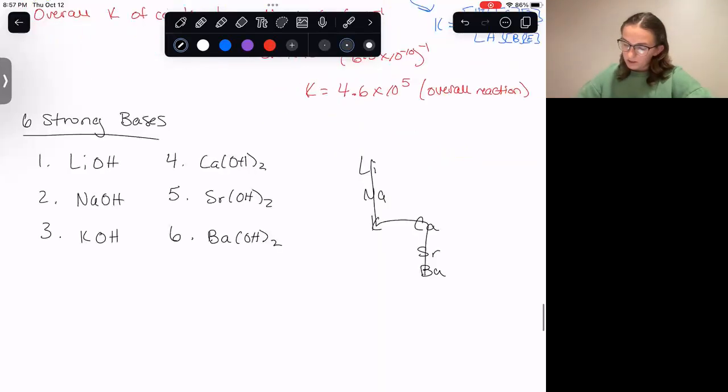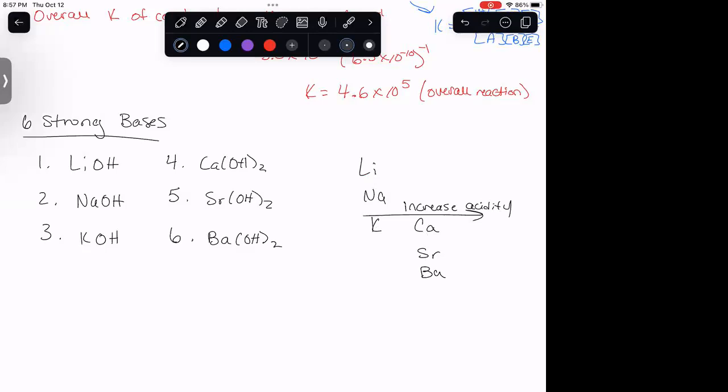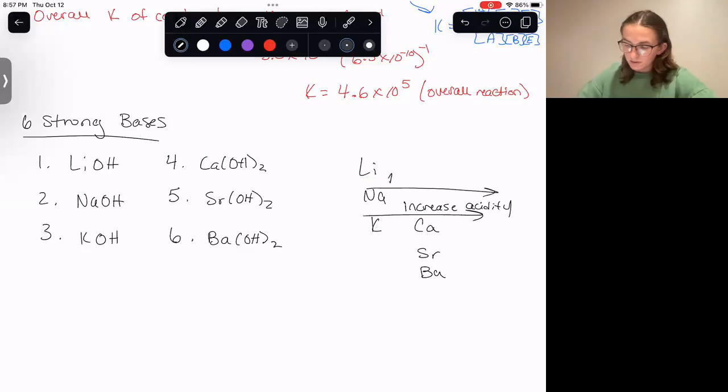If we are looking at acidity, we increase acidity going across the periodic table, so we will decrease basicity going across at the same rate, because it's equal and opposite.